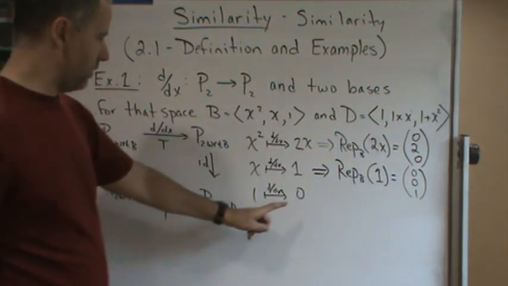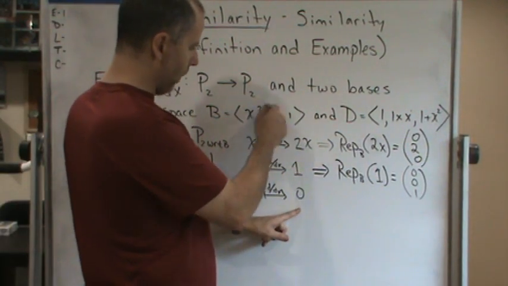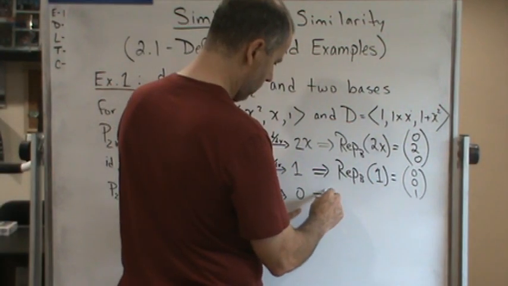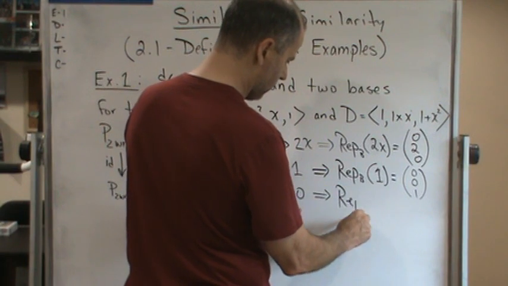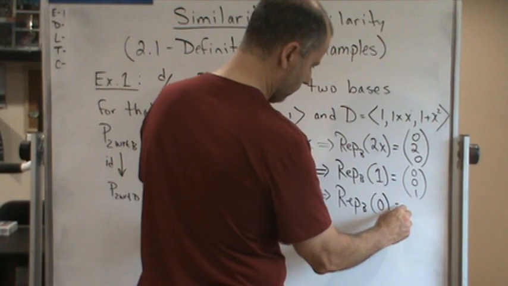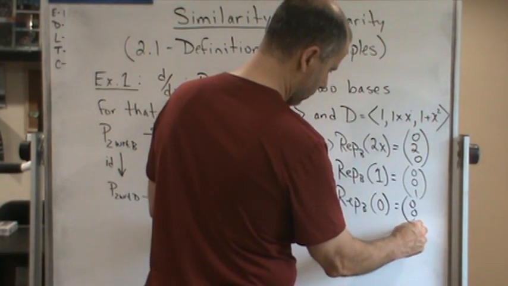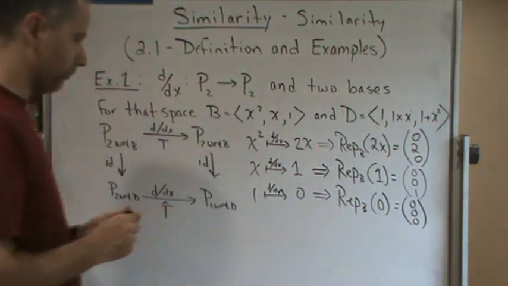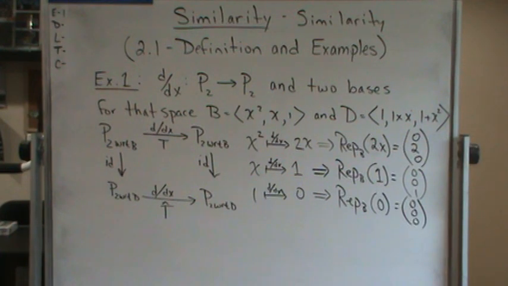And then 0, which is not represented here, so the only representation for this one is going to be the 0 vector. Okay, so those are the representations for that.